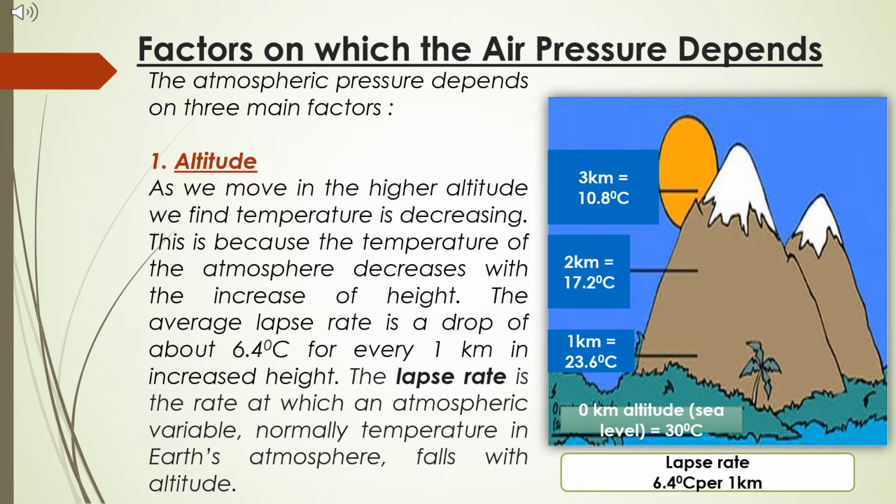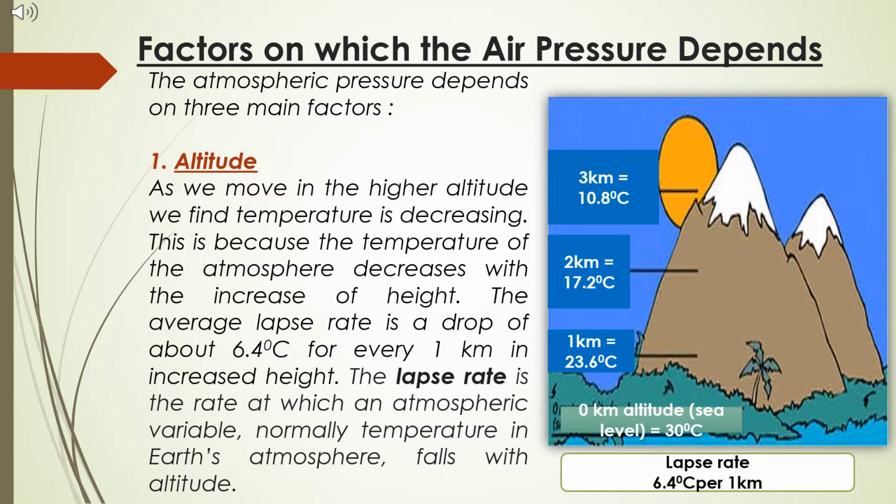Factors on which air pressure depends. The atmospheric pressure depends on three main factors. Number 1. As we move to higher altitude, we find temperature is decreasing. This is because the temperature of the atmosphere decreases with the increase of height.